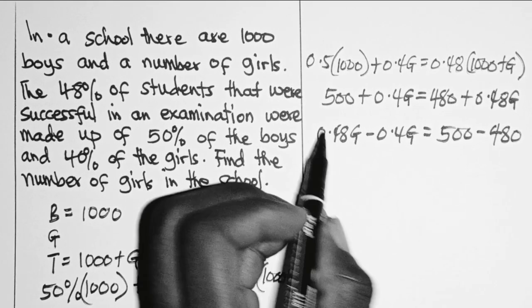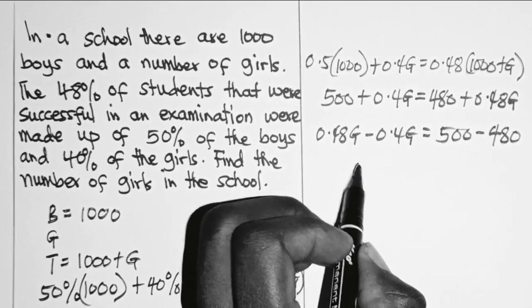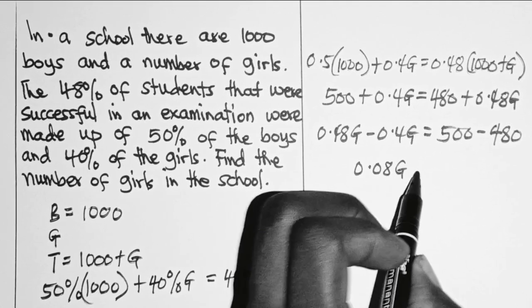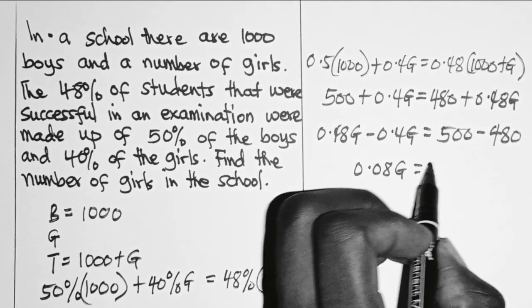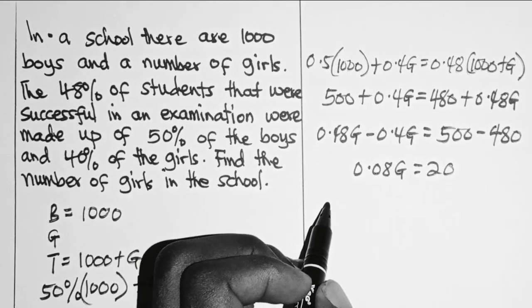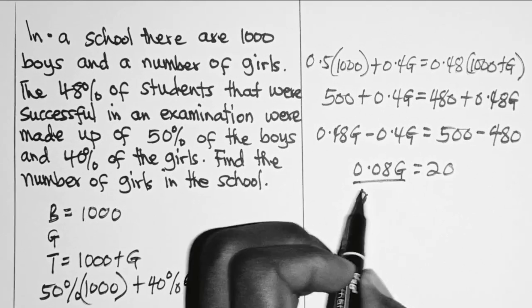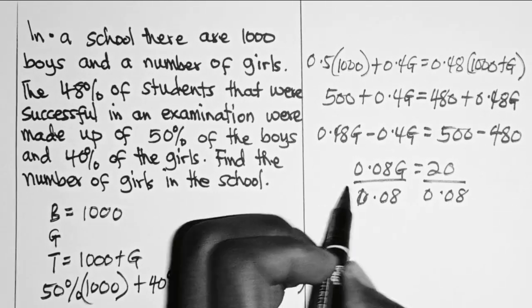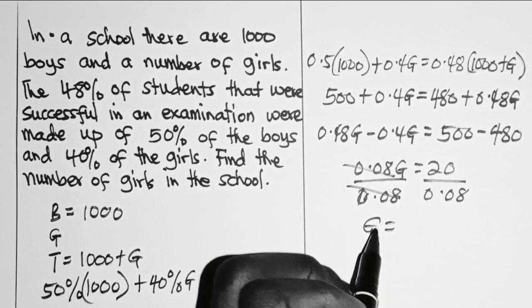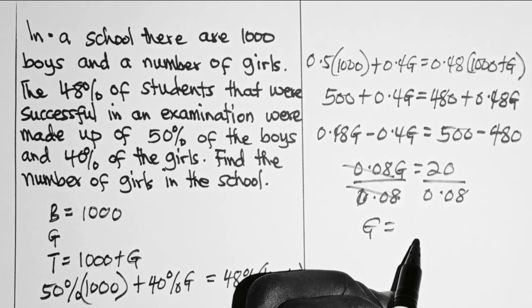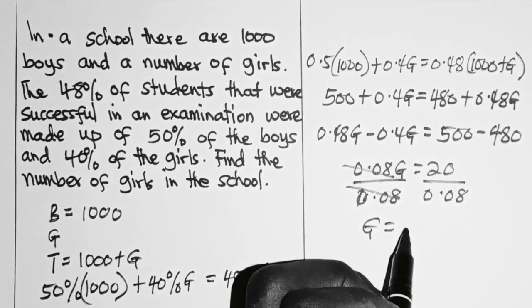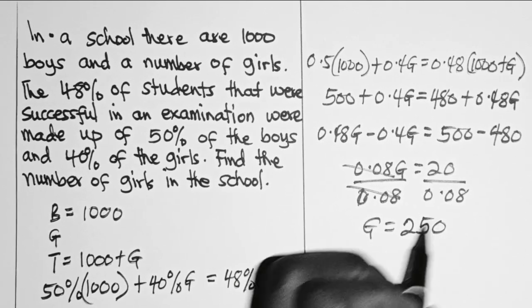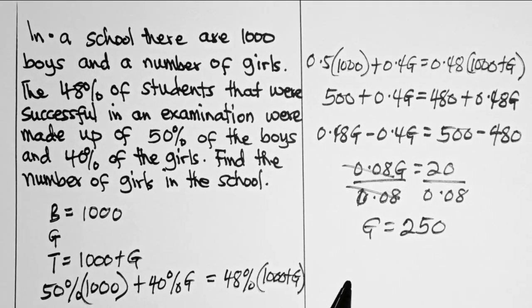So 0.48 minus 0.4 will give us 0.08 Jamb equals 500 minus 480 is 20. So if we divide through by 0.08, we find out that Jamb is equal to 20 divided by 0.08, that is 250 girls.